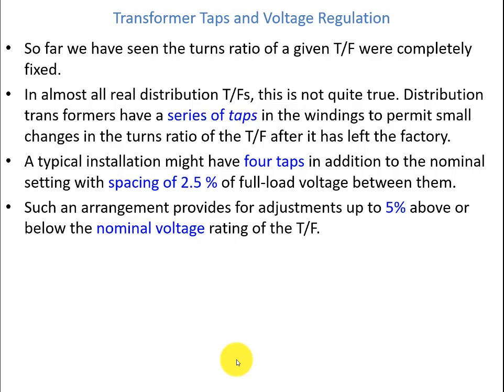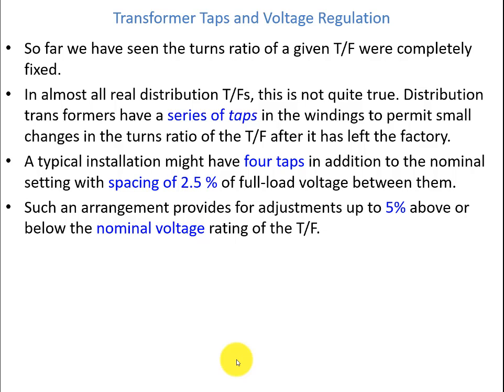So far, we have seen the turns ratio of a given transformer as completely fixed. But in almost all real distribution transformers, this is not quite true. Distribution transformers have a series of taps in the windings to permit small changes in the turns ratio of the transformer after it has left the factory.